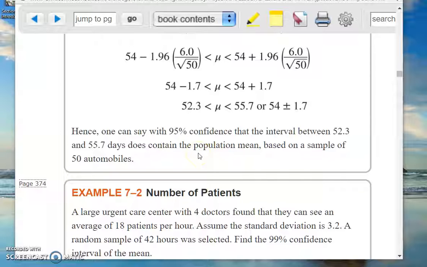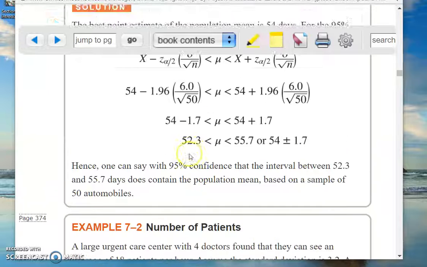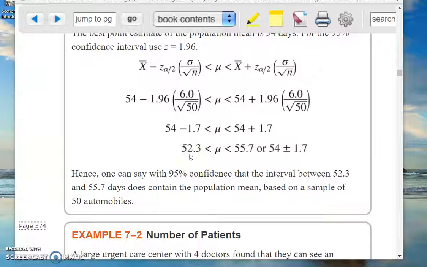If you did this experiment a bazillion times, 95% of the time, you would find mu in here. 5% of the time, you would be wrong. So if you're talking about a medical context, you would say the population mean is between 52.3 and 55.7 days. My confidence level is 95%, but 5% of the time I'm going to be wrong. Okay?